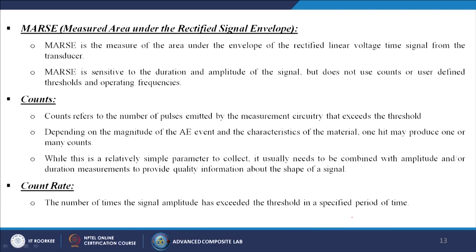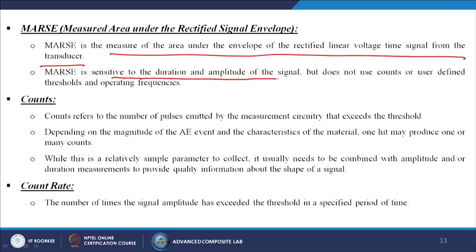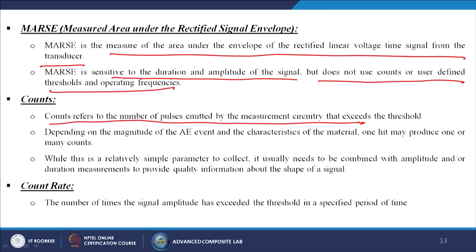Next come to the mass, the measured area under the rectified signal envelope. Mass is the measure of the area under the envelope of the rectified linear voltage time signal from the transducer itself. Mass is sensitive to the duration and amplitude of the signal, but does not use counts or user defined thresholds and operating frequencies. Counts refer to the number of pulses emitted by the measurement circuitry that exceed the threshold value.